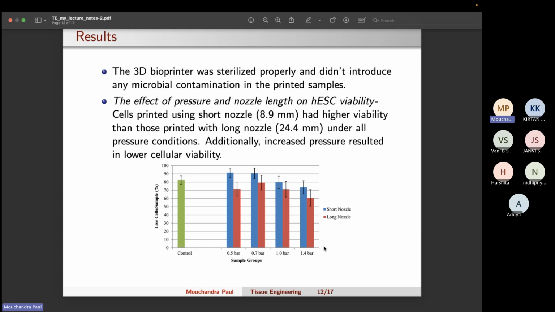And two types of printing will be done here. One is where the cells are only mixed with the media, and another is where the cells are mixed with the hydrogel like sodium alginate. So when they are mixing with only media, water-like drops will be deposited.